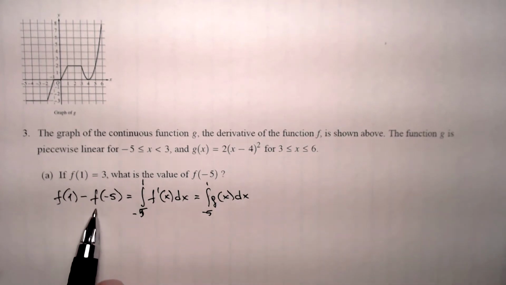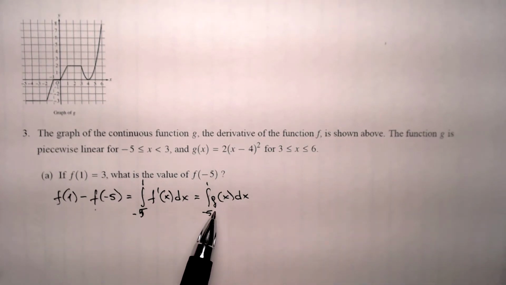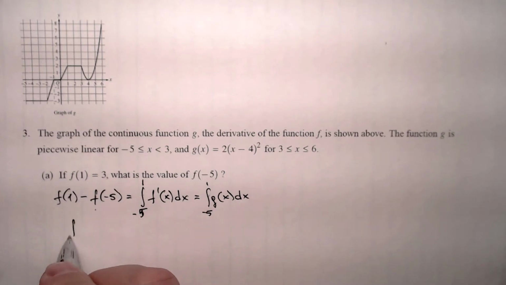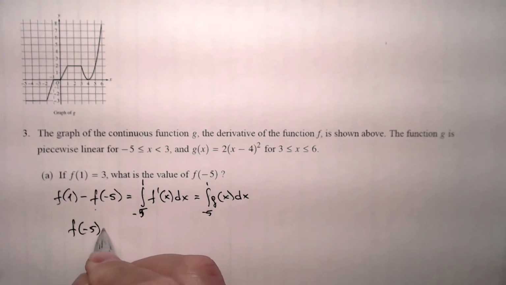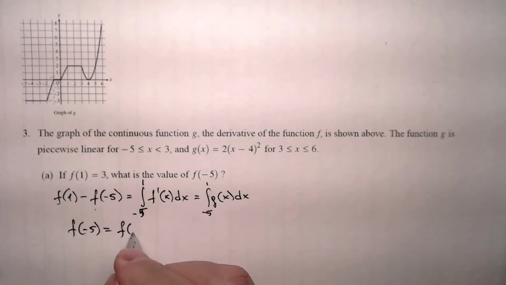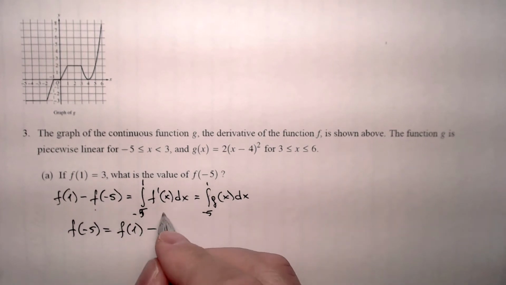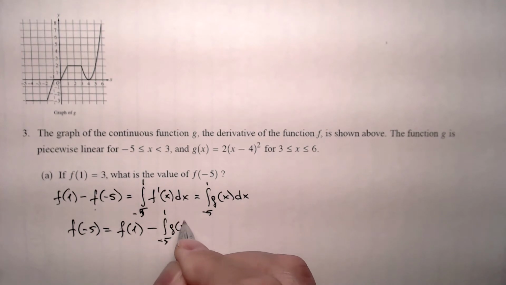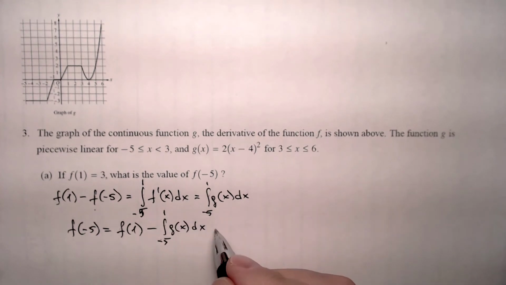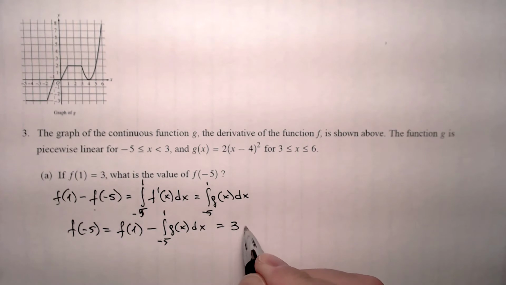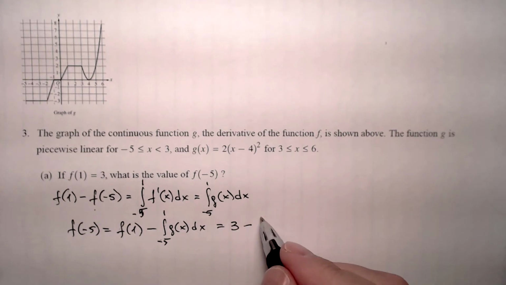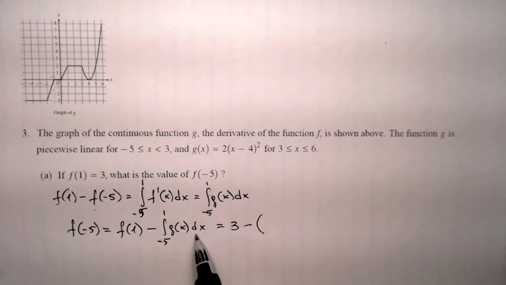So let's add f of negative 5 to both sides and then subtract this integral. We get f of negative 5 is equal to f of 1 minus the integral from negative 5 to 1 of g of x dx, which is equal to 3 minus, and let's now calculate what this integral is.